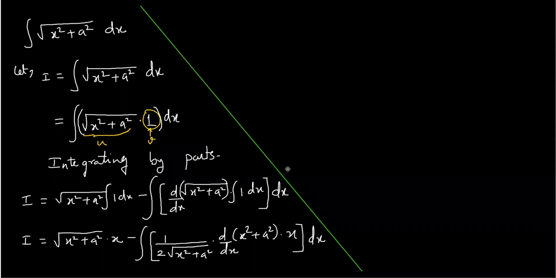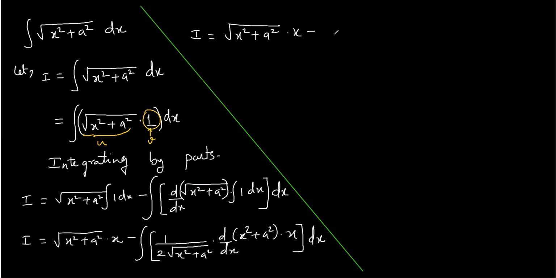So the next step that you get here is I equals square root of x square plus a square into x minus big integral, inside the bracket you have 1 upon 2 root x square plus a square and d by dx of x square plus a square. It is 2x plus 0. Derivative of x square is 2x and derivative of a square is 0, into x and dx.